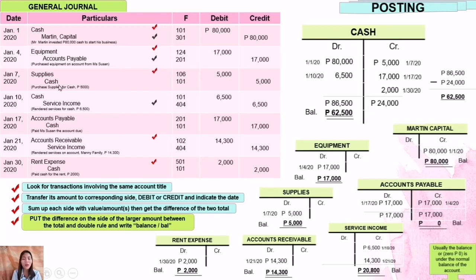We don't need to count cash again because we already counted it here. Then service income, accounts receivable, rent expense. So we have 8. So count the T accounts, 1, 2, 3, 4, 5, 6, 7, 8. So we also have 8 T accounts, meaning to say we have correct posting to the ledger. So 8 account titles equivalent to 8 T accounts.